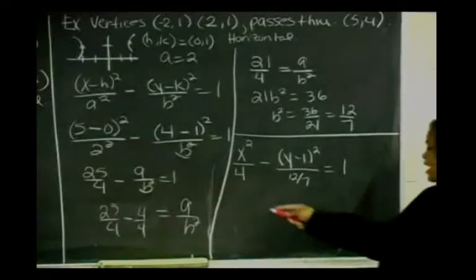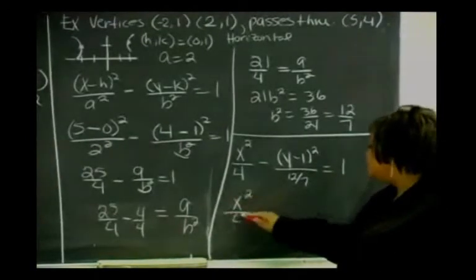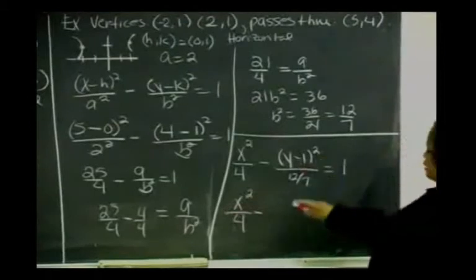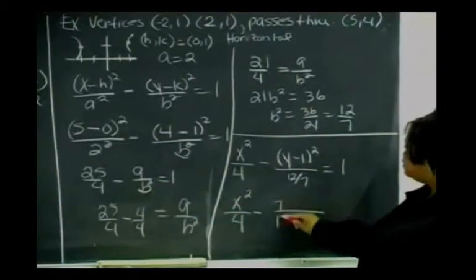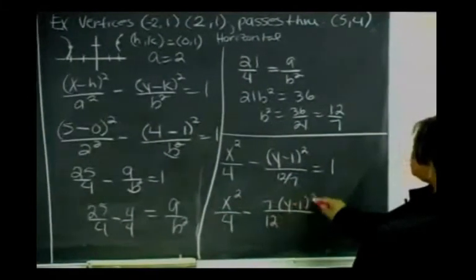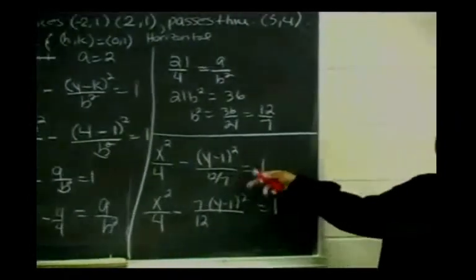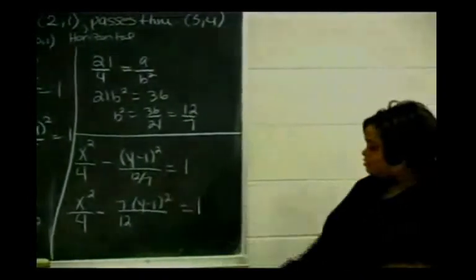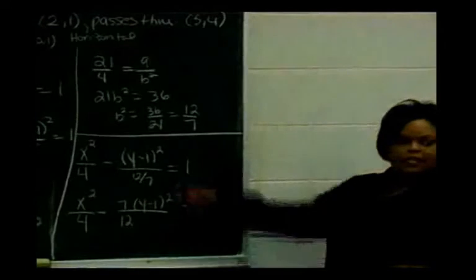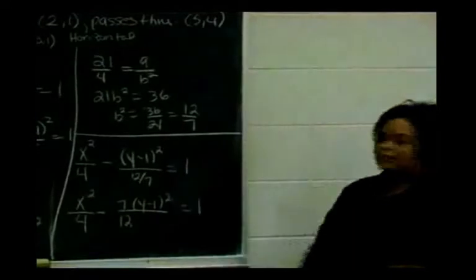It may be like this. I'll accept this answer. They may go through and take the reciprocal and say what? They may do this. I'll take either answer. Okay? I'll take either one of those. Does not matter to me.